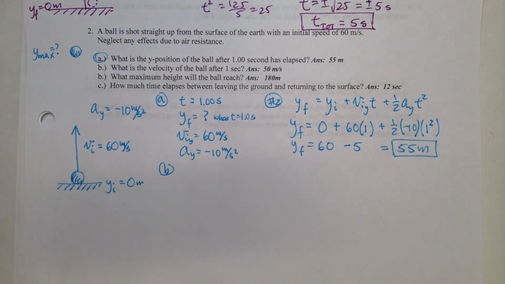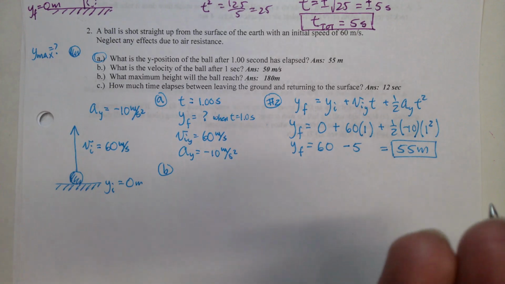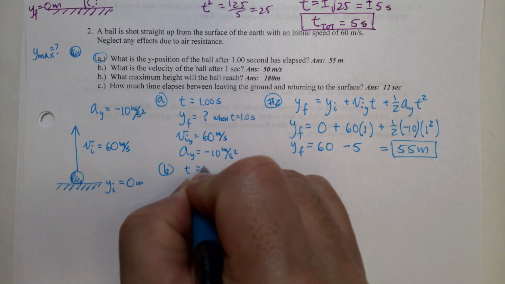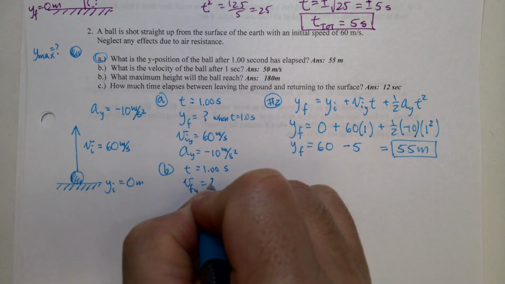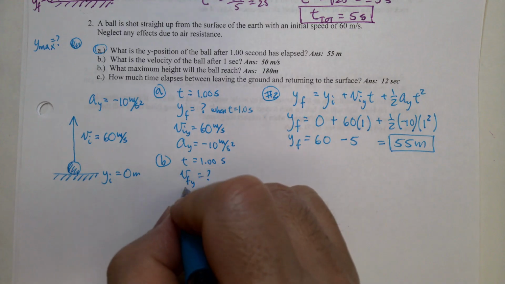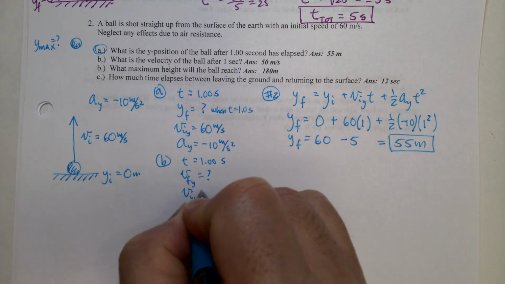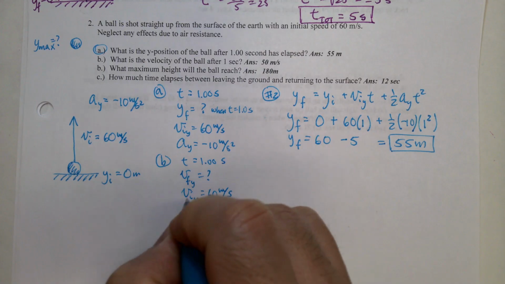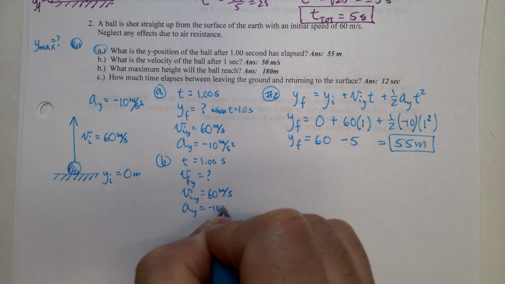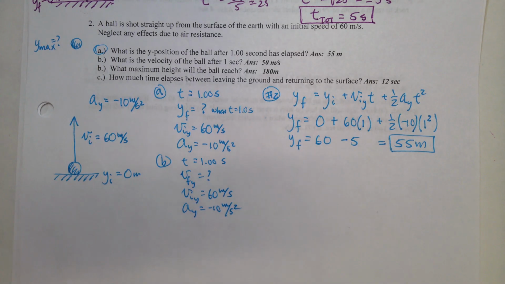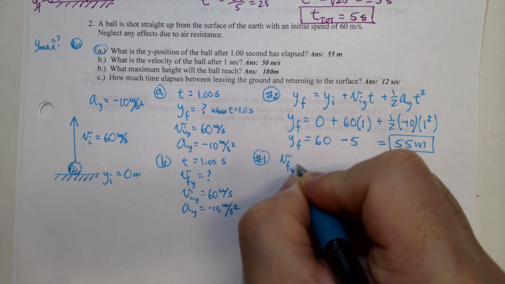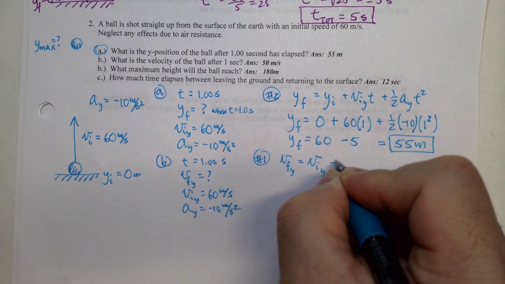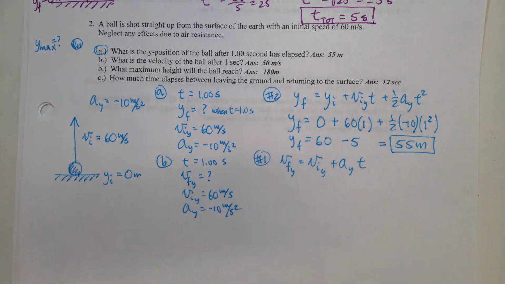What about part B? Part B asks, what is the velocity of the ball after 1 second? We already answered that question, but let's work it out anyway. So when t is equal to 1 second, I want to know what my v_fy is. I already know my initial velocity in y, which is 60 meters per second, and I know a_y, which is negative 10 meters per second squared. Looks like I can use my equation number 1, which is v_fy is equal to v_iy plus a_y times time.